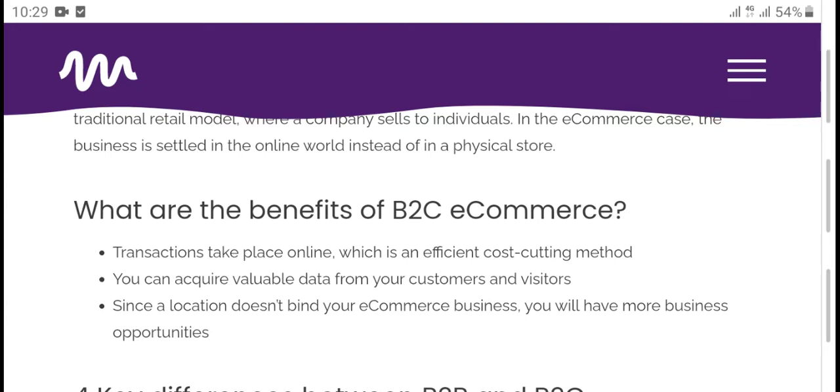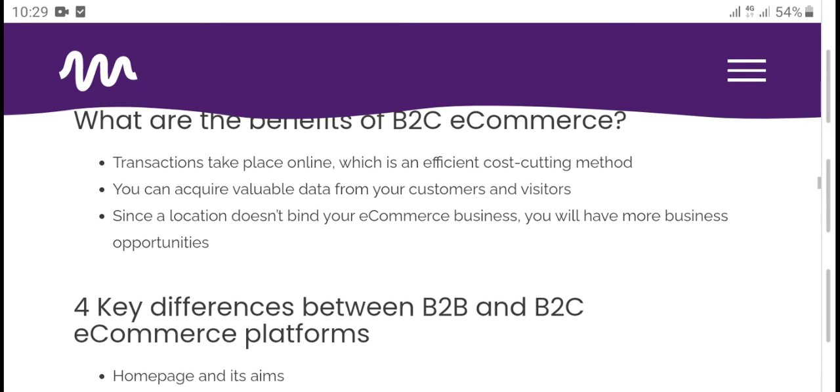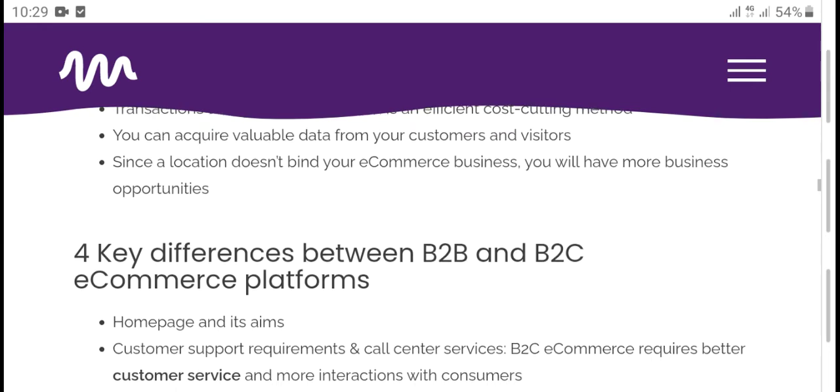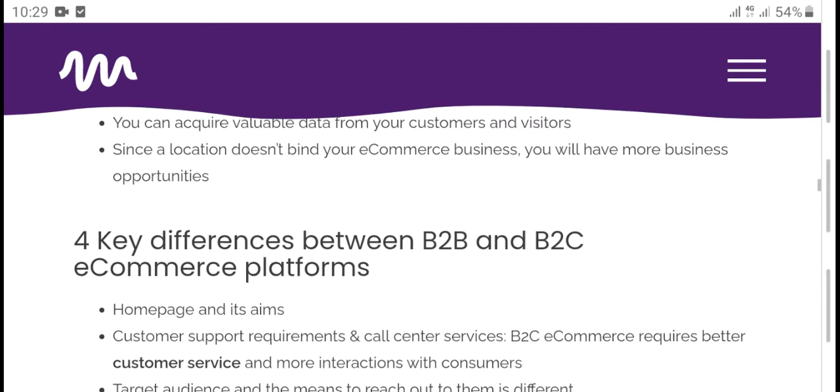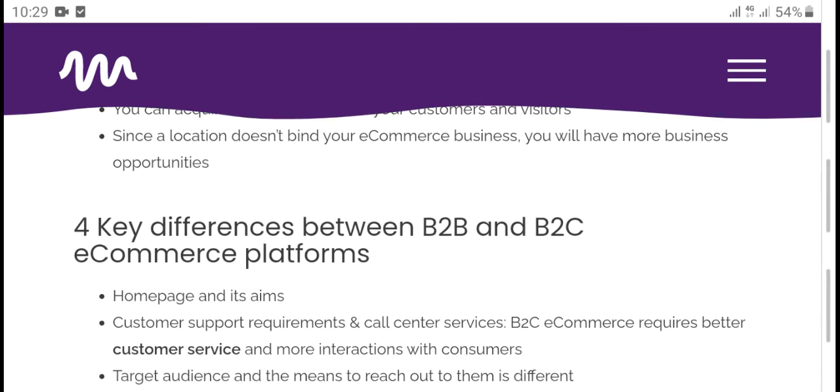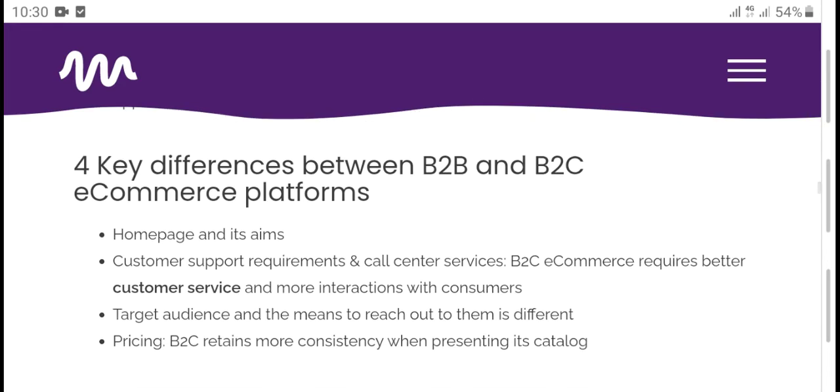You can accept value from customers and visitors. In e-commerce business you have more options. The key difference between B2B and B2C is the e-commerce platform, homepage and customer support.